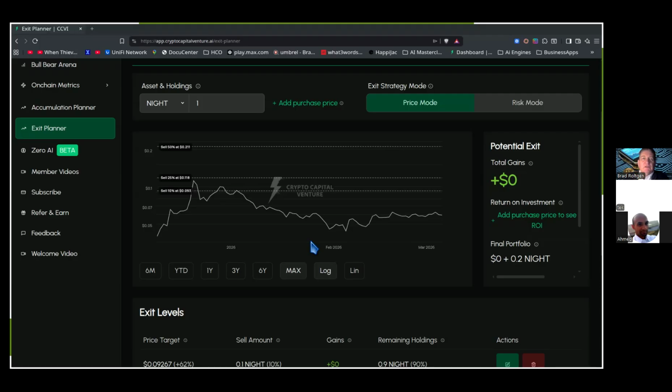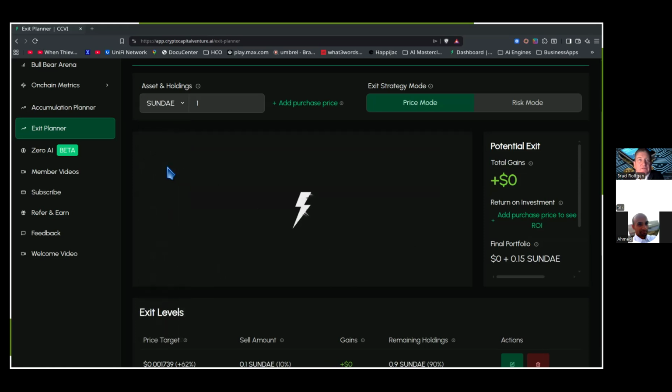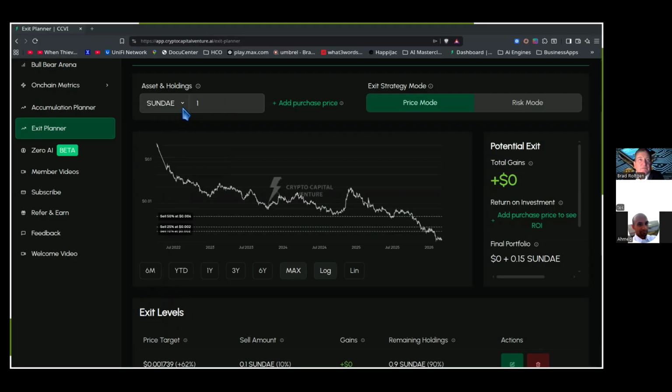Just as an example, I saw Theta listed on there because that's what I've been holding for a while. Let's go to Theta and see what the exit planner tells us on that one. It's been around for a while. I don't follow the news, so I'm curious what it thinks.